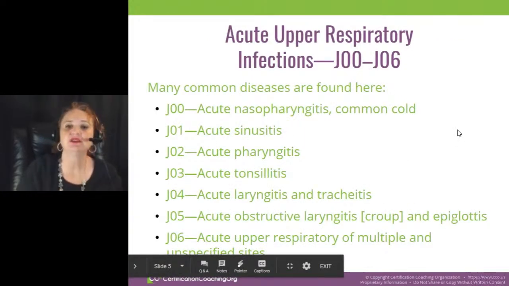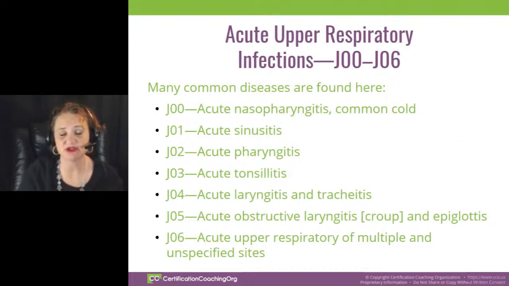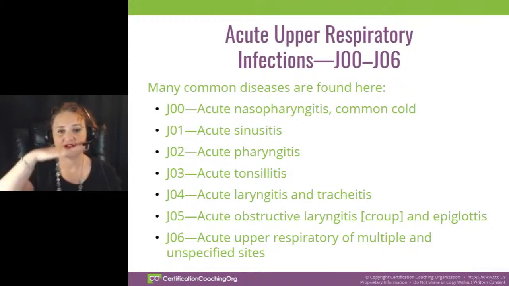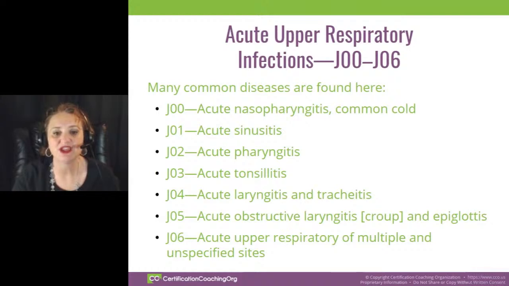So if we deal with anything that's an acute upper respiratory infection, that's going to be J00 through J06. Keywords: acute, sudden onset. Upper is going to be above the lungs. Okay, we're not getting into the trachea, right? So what could happen in the upper respiratory system?